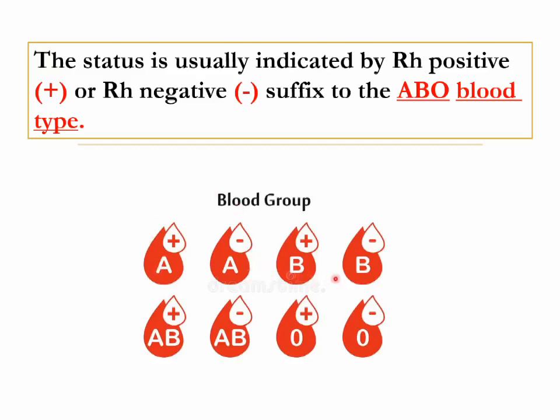And the B blood group might be B positive or B negative. And for the AB, it could be AB positive or AB negative. The same goes for the O, it could be O positive or O negative. So now you have 8 different blood group types according to the 2 different classification systems, which are the ABO system and the Rh system.